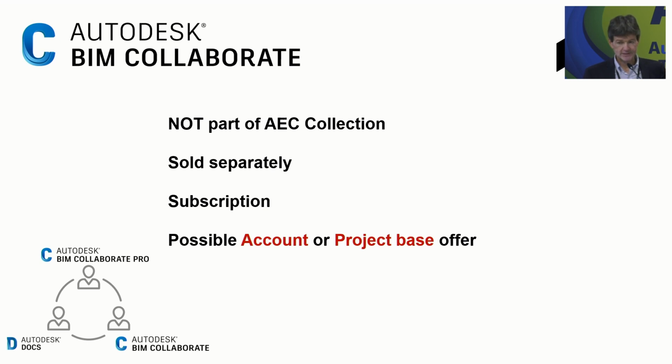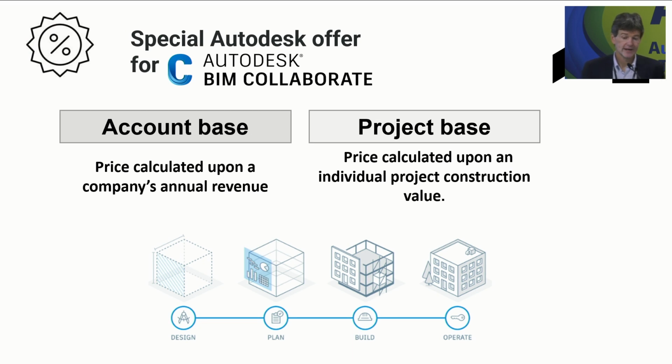It's subscription-based, but it's possible to purchase either an account-based or project-based license. Account-based price is calculated on company revenue, and if it's project-based, then it's based on the value of the project, just as information for you.